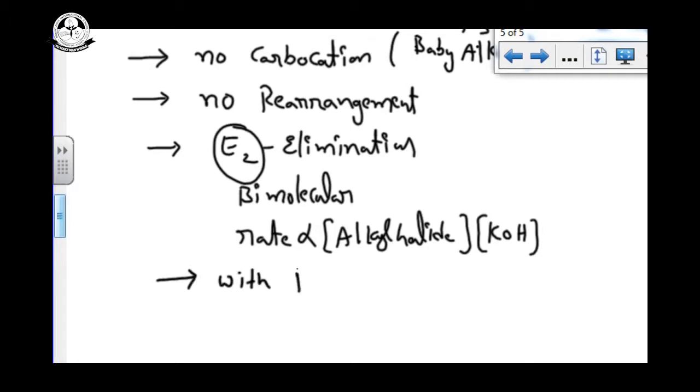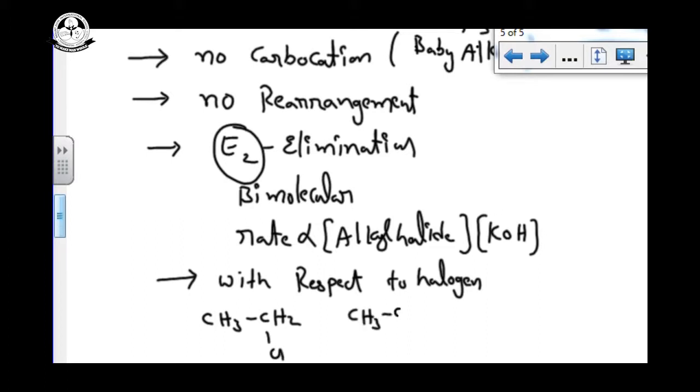Okay. With respect to halogens, how to decide the rate of reaction? For example, I am giving CH3CH2Cl, CH3CH2Br, CH3CH2I.